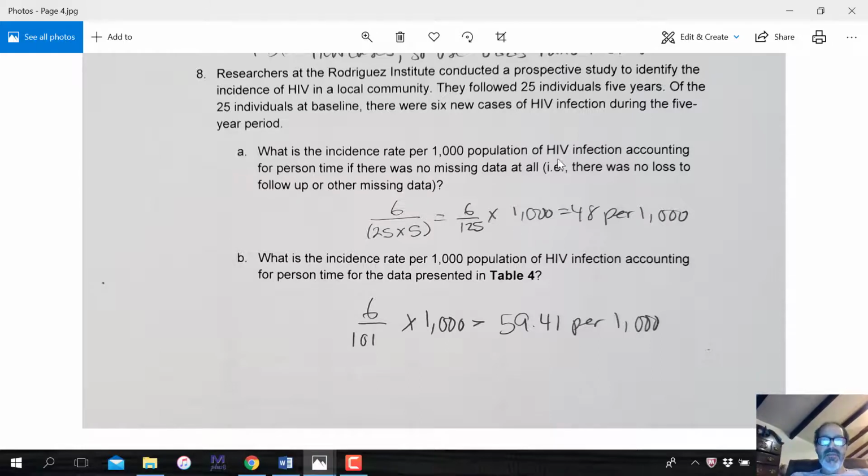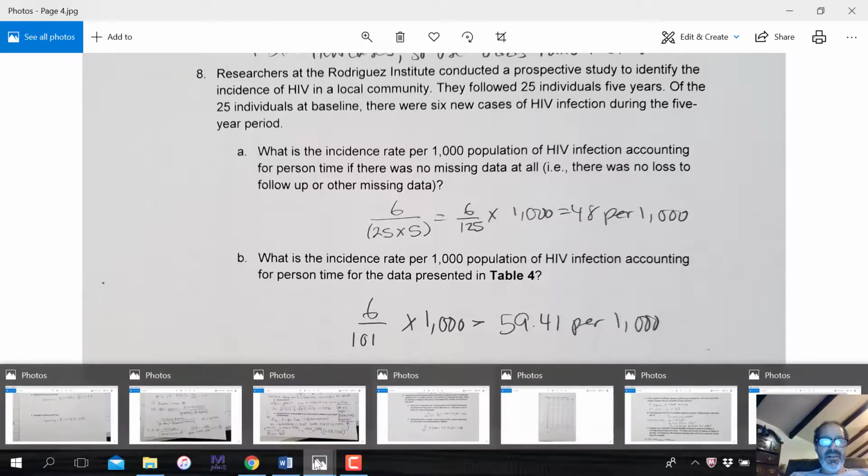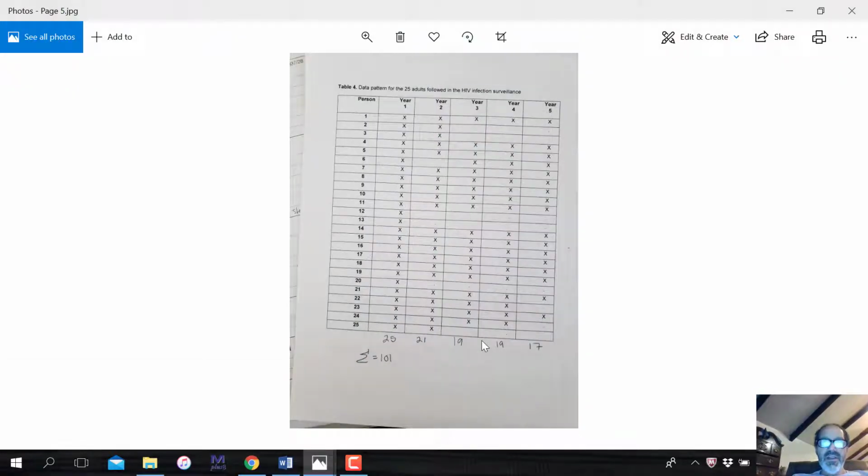Actually, I have this chart. We have 25 individuals and we have 5 years. Ignore the dots for a second; imagine these are all filled with X's. If each of these individuals was here for the first year, as everybody was, and for the second, third, fourth, and fifth year, each person would contribute 1 person year.